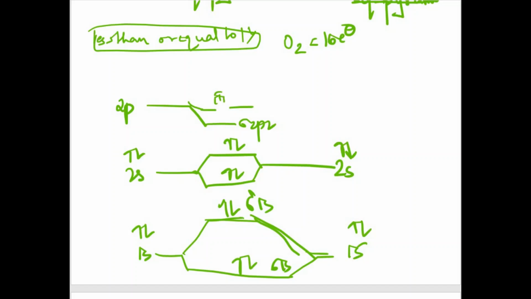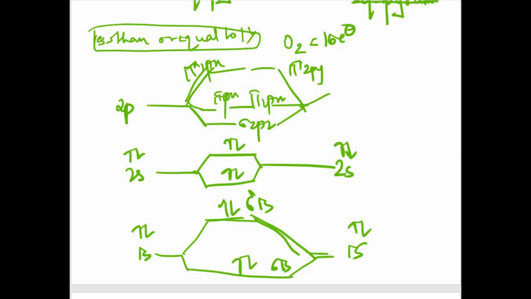Pi 2px and pi 2py, and there should be a corresponding pi star and a sigma star, 2pz. So this comes from the 2p orbital.